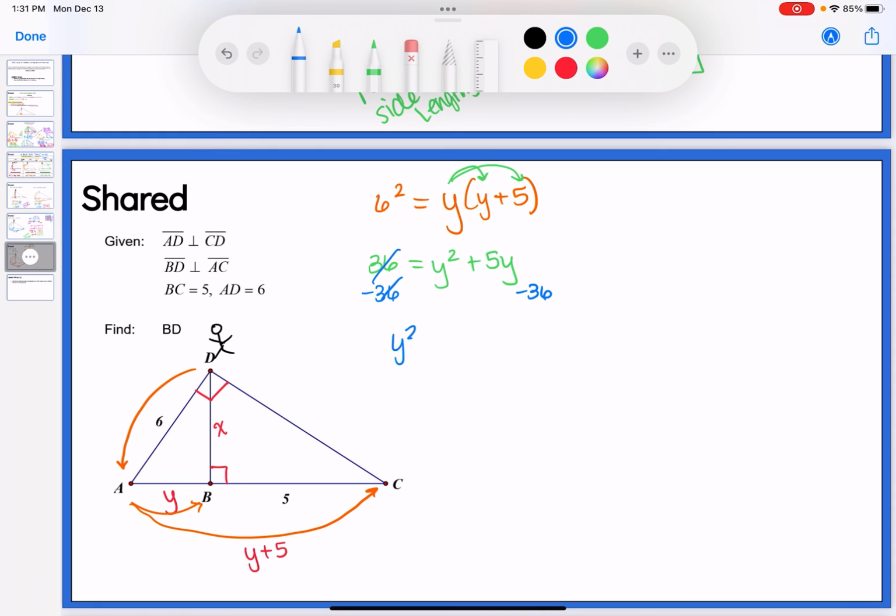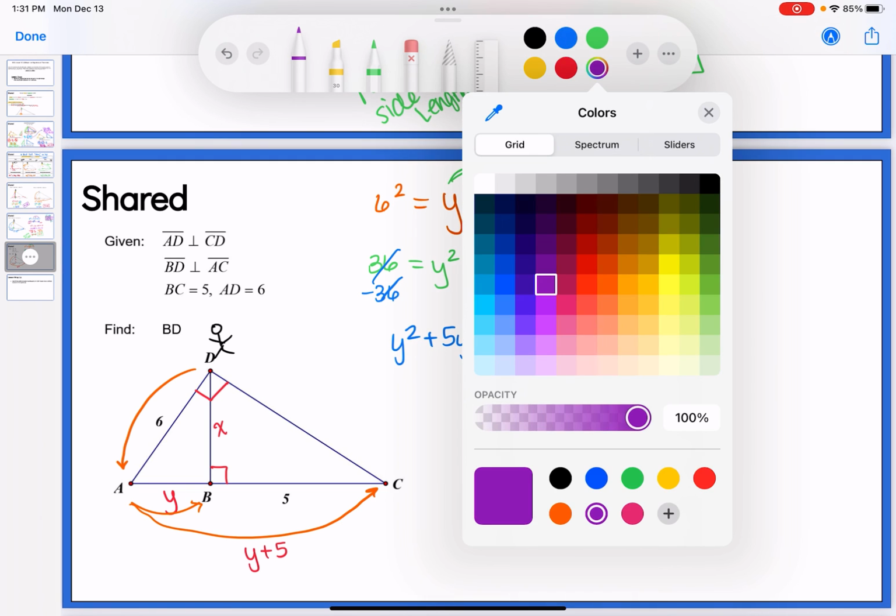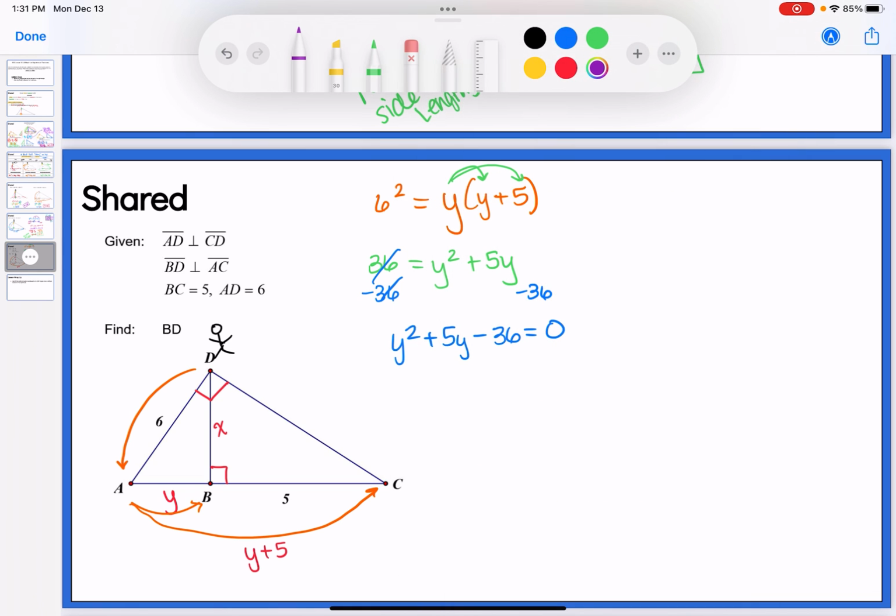So I have y squared plus 5y minus 36, because I have to subtract 36 on both sides to get it equal to 0. All right, again, you could set up your factor box here, or if you're okay going straight to your 2 parentheses, I have to have things that multiply together to give me negative 36 and add together to give 5. Obviously, my first terms have to be y times y.